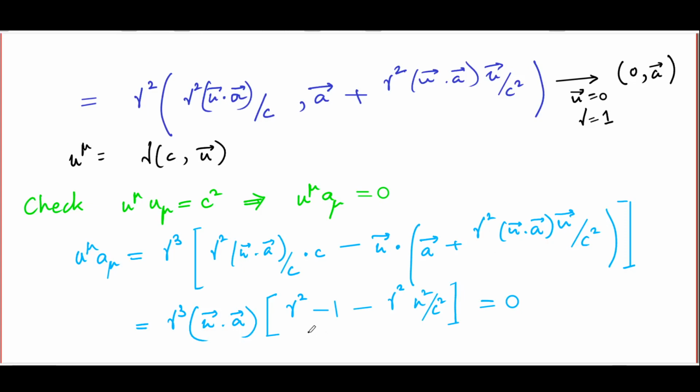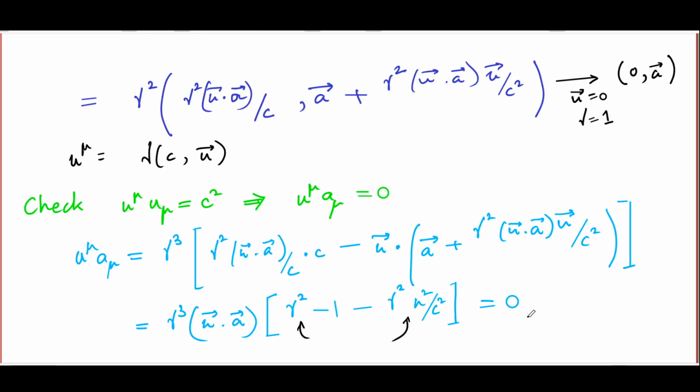So if you take this term and this term together, you get gamma square into 1 minus u square by c square, which is obviously 1, and you're taking away 1 from that, so this entire thing cancels and you end up with 0. So at least one of the basic properties that we demand of the 4 acceleration checks out. It is orthogonal to the 4 velocity.